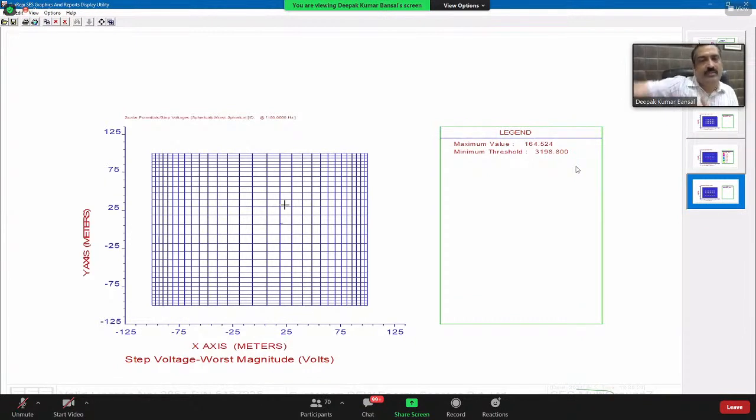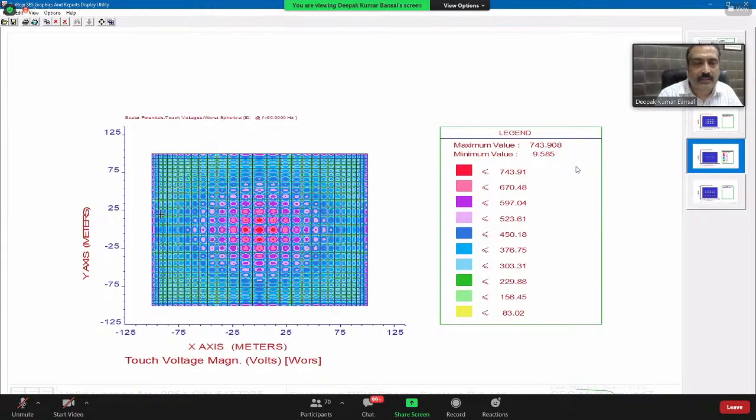Beyond 1 meter one cannot touch, so we take 1 meter distance to calculate the touch voltages. Suppose this is a conductor and this is 1 meter distance, somebody is standing here and touching this conductor, there will be a potential difference. You can see there is a potential difference everywhere on the earthing grid.